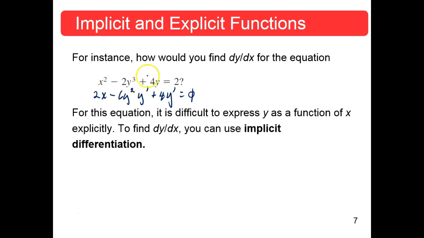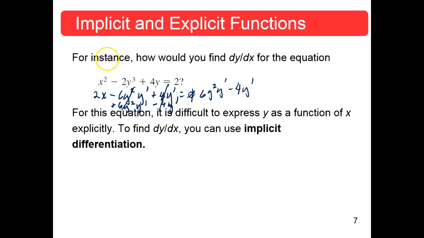Exactly. Get all the terms with y prime on one side and all the terms without y prime on the other side. So let's add 6y squared y prime minus 4y prime, you see why I did that, to both sides.